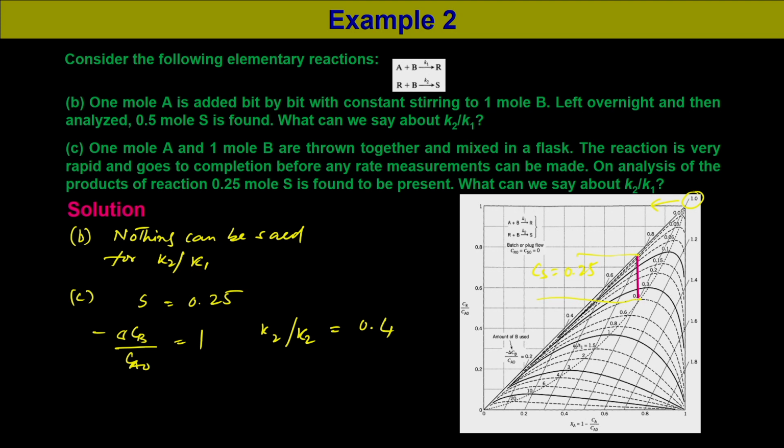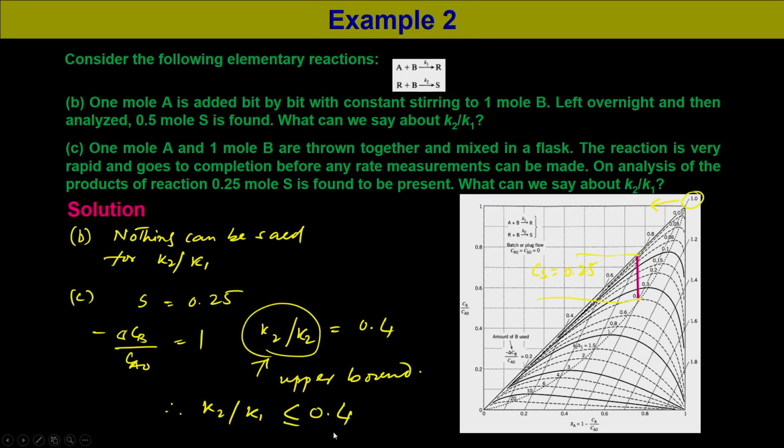Since the reaction is very rapid and R is actually formed less, this K2 by K1 is the upper bound. So, we can say therefore that K2 by K1 is less than or equal to 0.4.